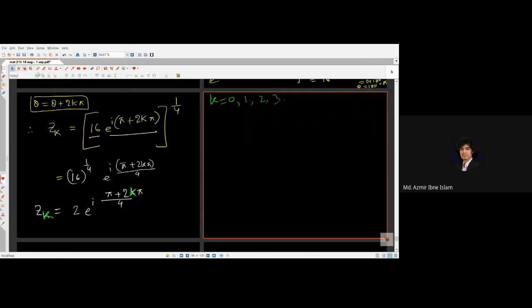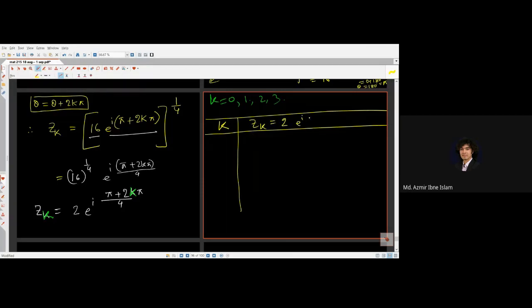So let's start with k equal to 0. For better understanding, I am using a table so that you can understand properly. So k, and we have the root zk equal to 2 e to the power i (pi plus 2k pi) over 4.